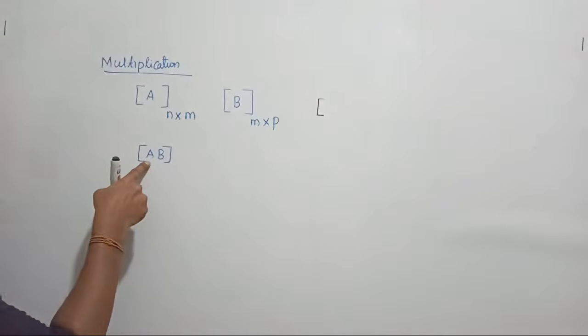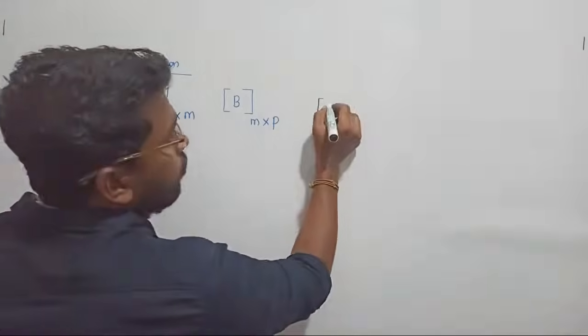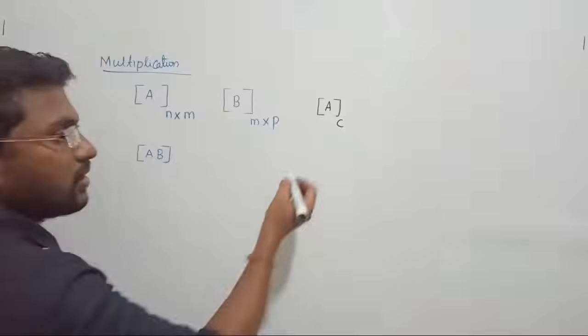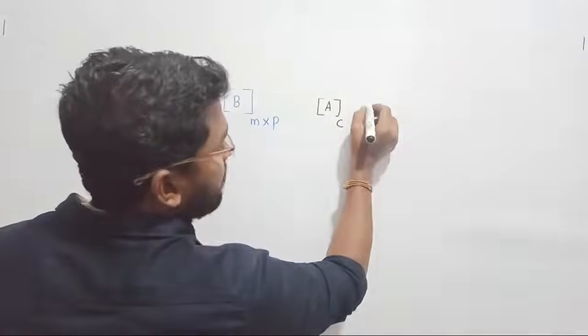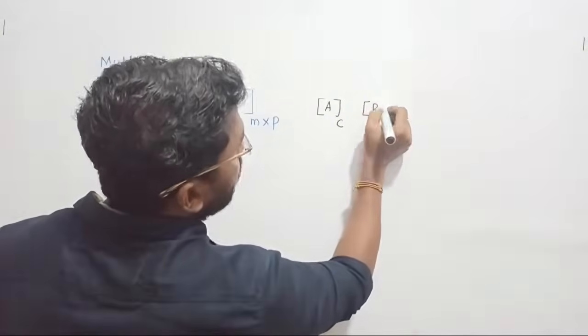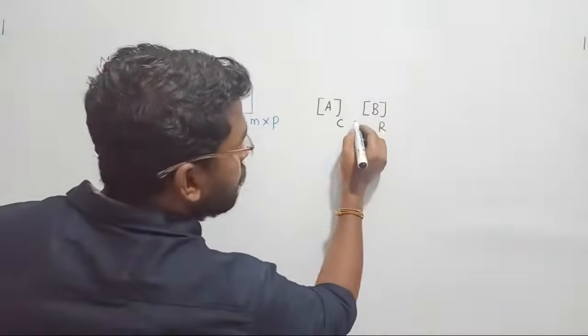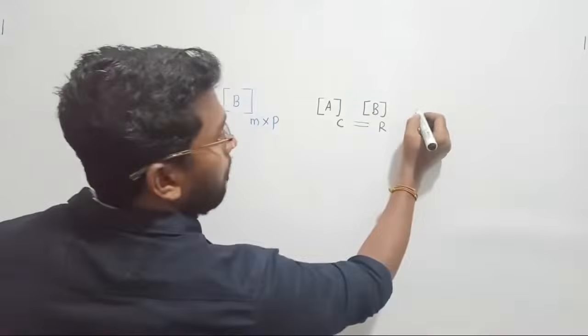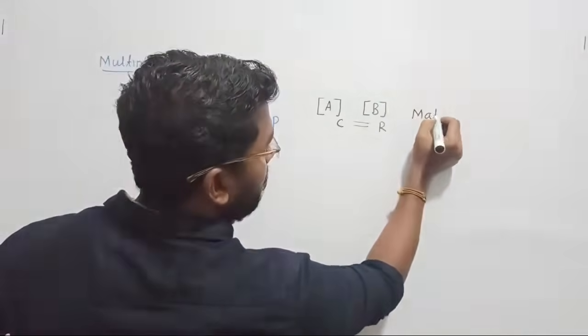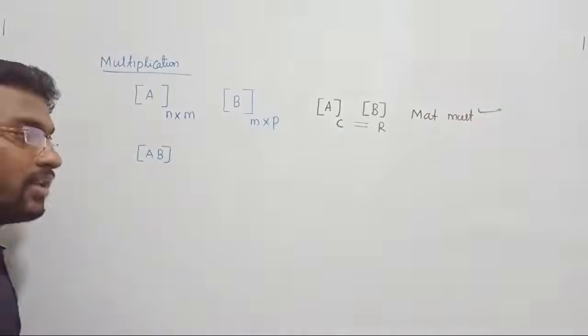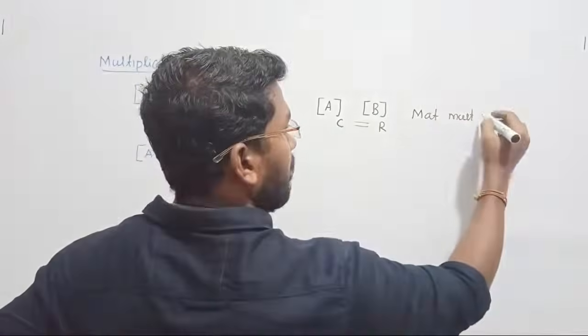See which matrix is in position number 1, right? The column of the matrix in position number 1 and the row of the matrix in position number 2, right? If these two are equal, then matrix multiplication is possible. Otherwise, you cannot do matrix multiplication.